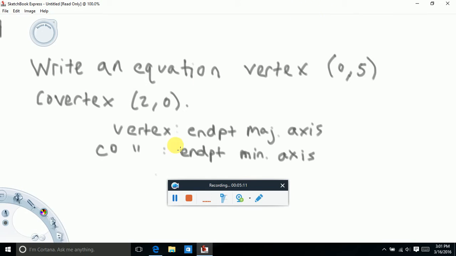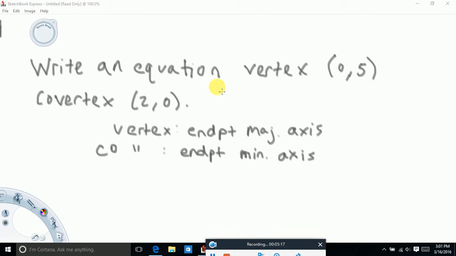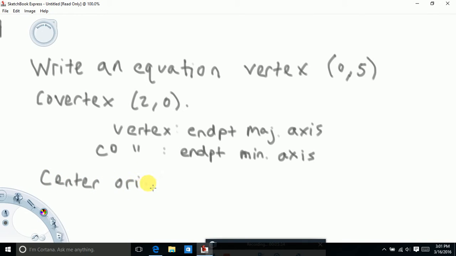Okay, so let's move that down. So we have a co-vertex at 2, 0 and a vertex at 0, 5. It's also given in the problem that the center is at the origin. Okay, so the center is at the origin, which is 0, 0.